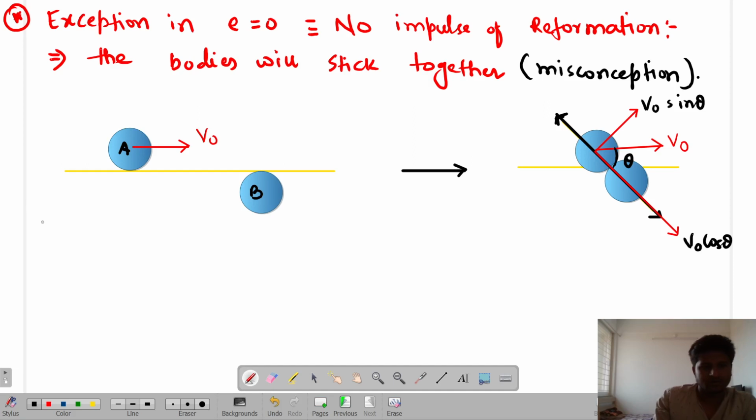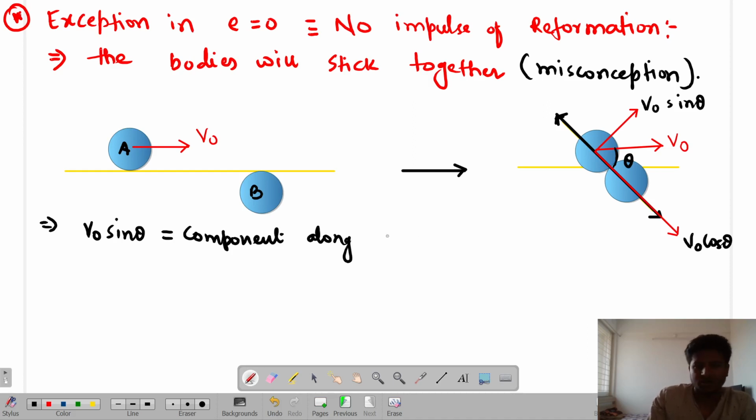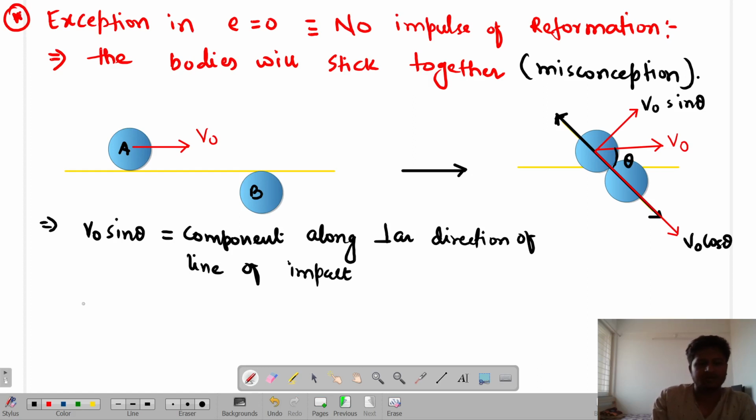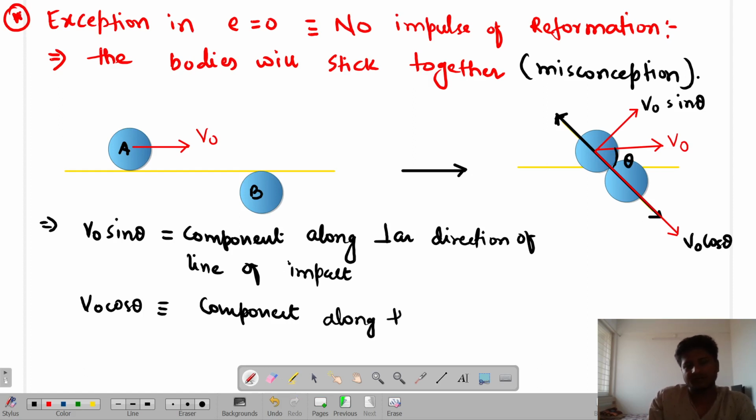After collision, v naught sin theta is the component along the perpendicular direction of the line of impact, and v naught cos theta is the component along the line of impact.